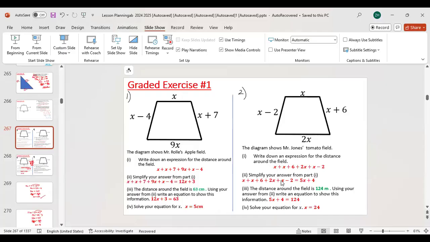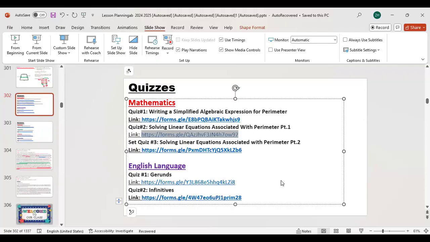Once you start the quiz, please put started inside the chat. It's gonna be quiz number 1.